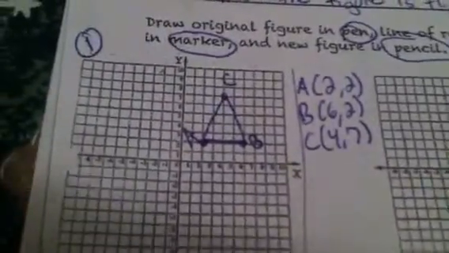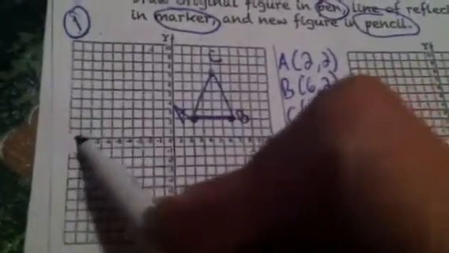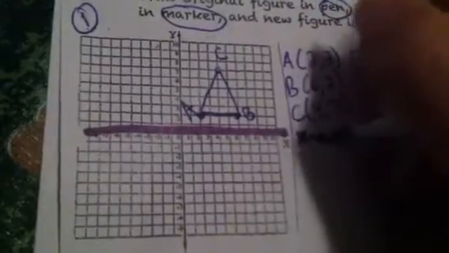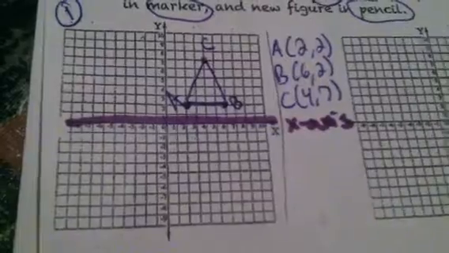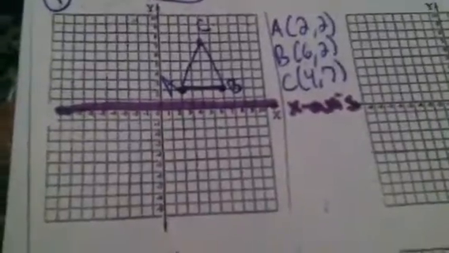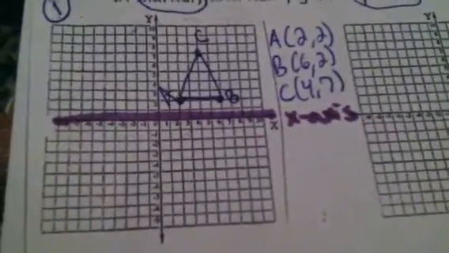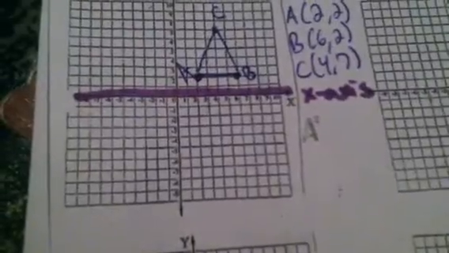Okay, so now we're going to talk about a reflection. We're going to reflect across the x-axis. Now when reflecting a figure, the new coordinates are called new A, new B, new C. The way you record new A is the letter A with a little tick mark to the side.